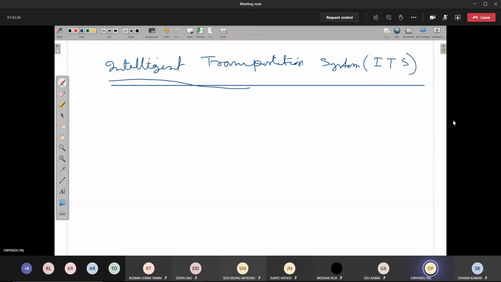Then signalized intersection design. When we have continuous signals, say at a particular location A there is a signal, then after 100 or 200 meters another signal, then after another 200 meters more signals, we need to coordinate those signals together.